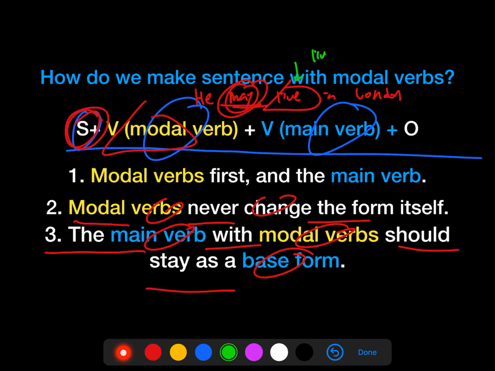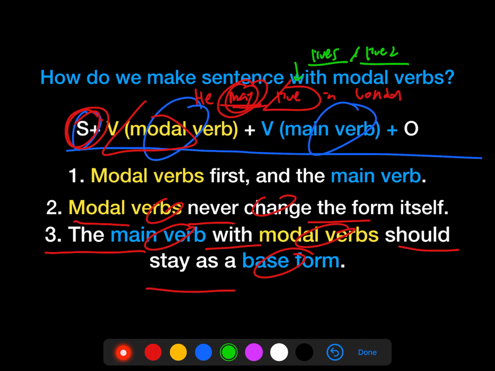As an example, not lives or lived. When the main verb stays with modal verbs, we keep it in the base form. He may live, not lives or lived.